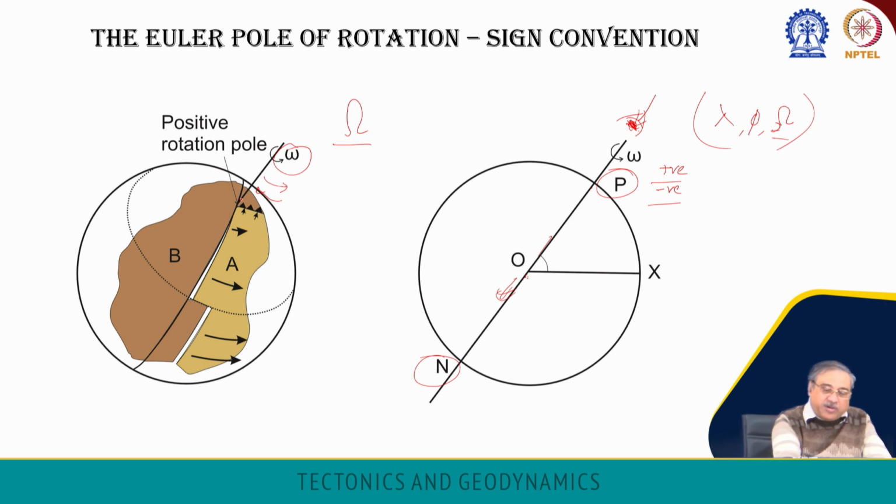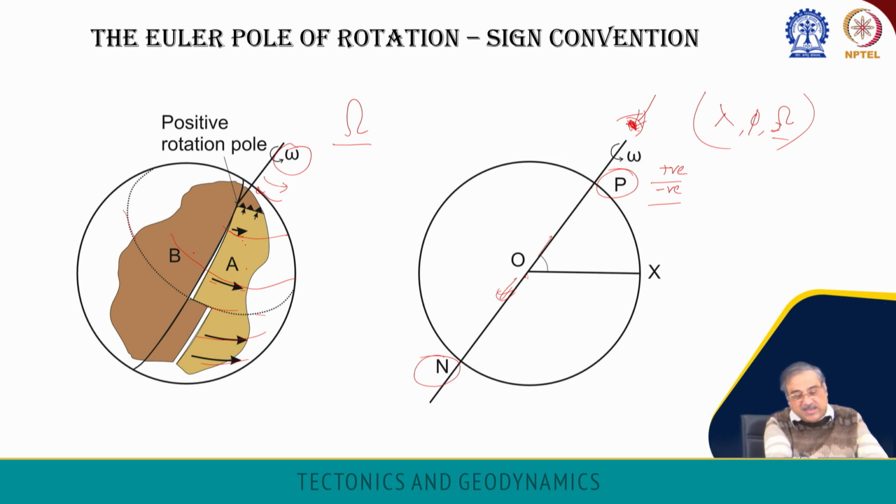And regarding the sense of the movement, remember that whenever something moves, so let's say this is one plate B, this is another plate A, then as they begin to move, the plate movements would be along small circles. They'll be parallel to these small circles here. So this is also along a small circle, this is also along a small circle. All these movements would be along small circles.